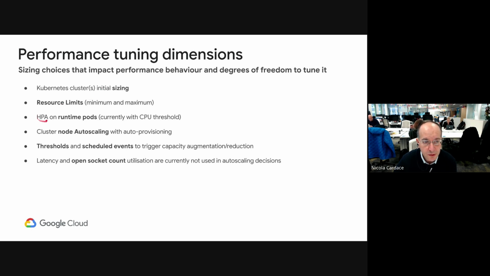For horizontal pod auto scaling, you choose the behavior, and you put either a CPU threshold, but we also put now additional metrics. So I can decide to auto scale because I see an extreme increase in the end-to-end latency, even if CPU is low, simply because some of the threads might be in a higher wait state.